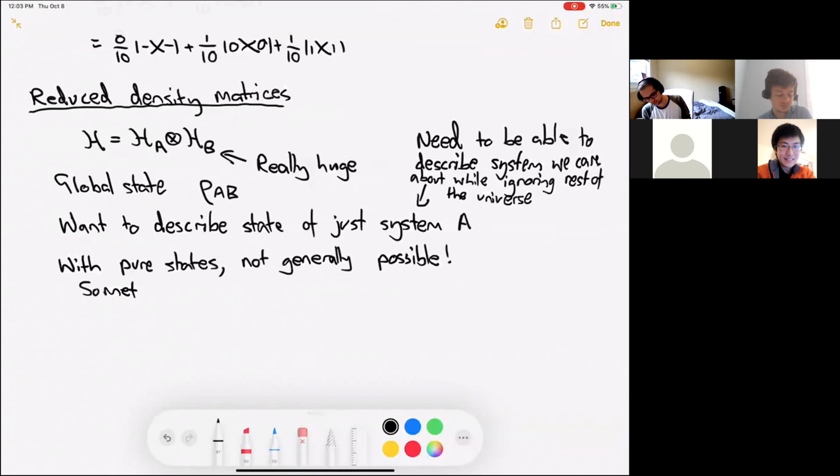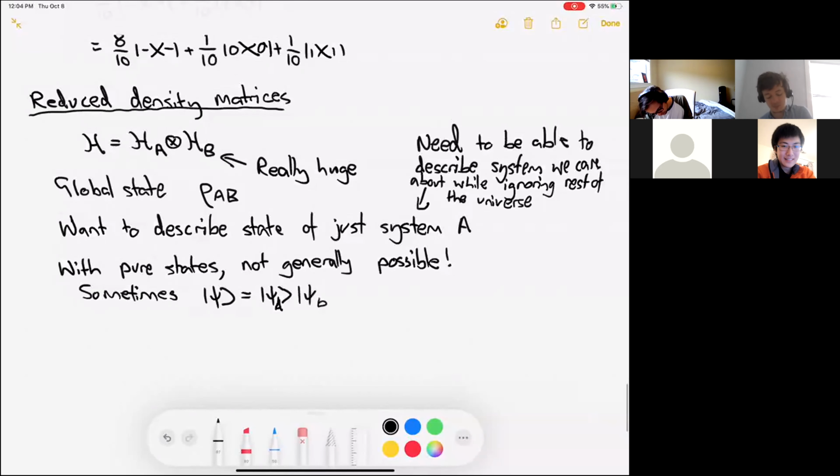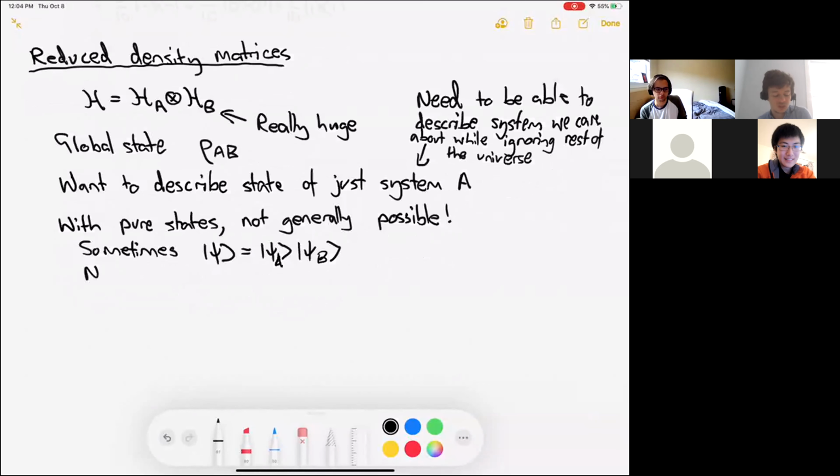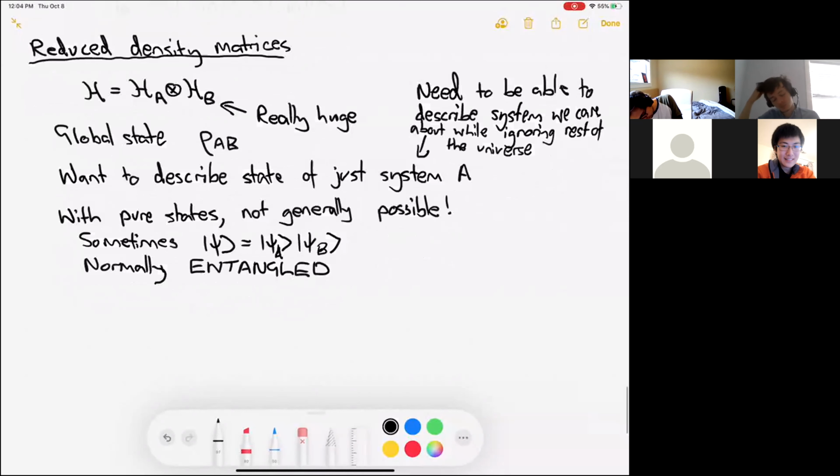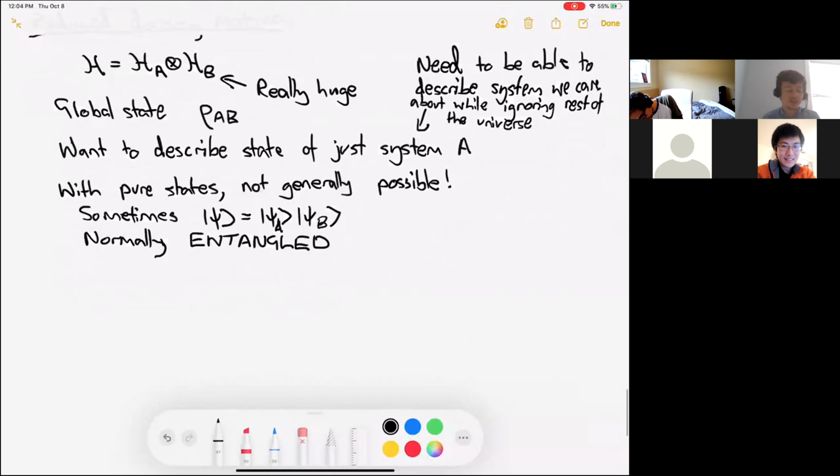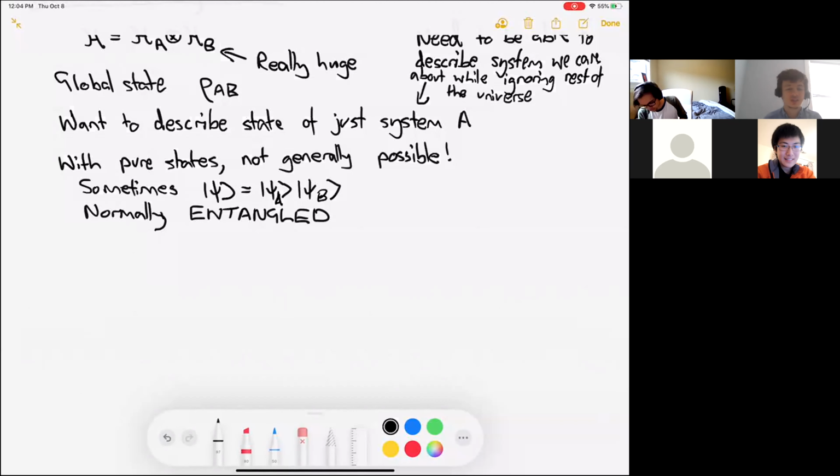Sometimes you have a product state, where psi is just a product of some state psi_A and some state psi_B for system B. But normally, in fact generically, two systems are entangled and there's no way to talk about the state of system A on its own. Okay. Of course, when I said no way, I secretly meant no way without using density matrices.